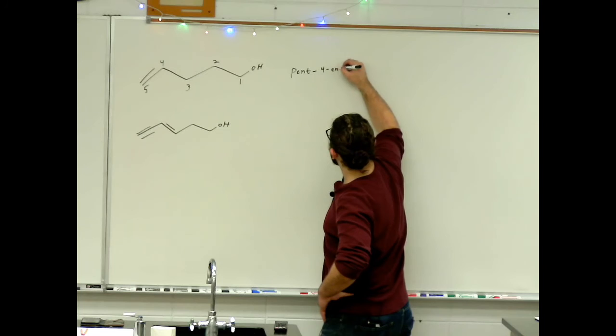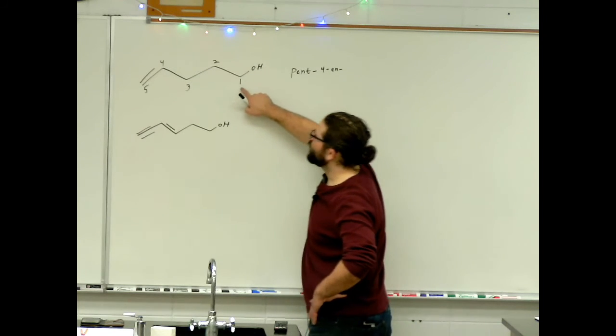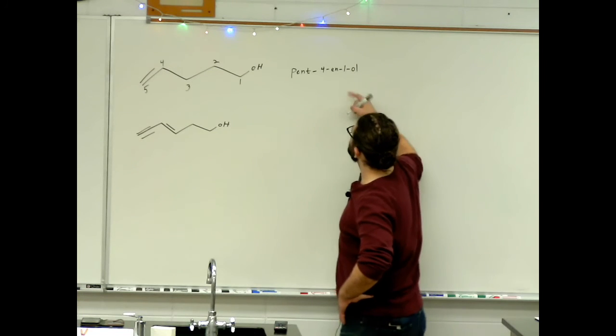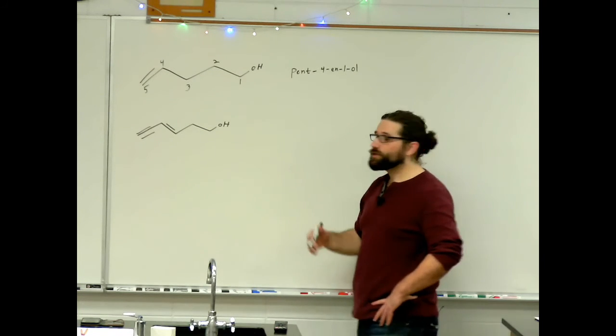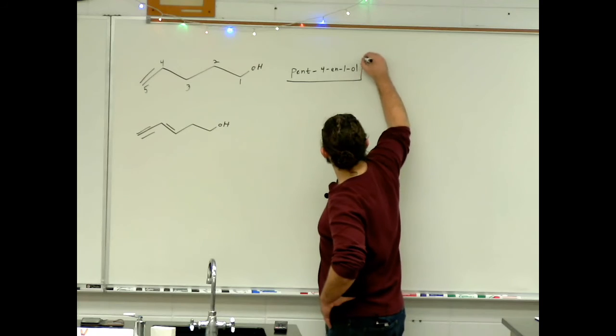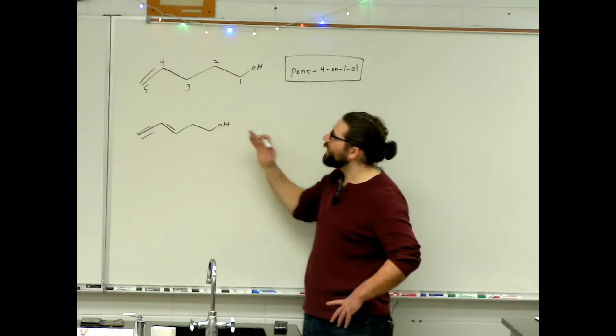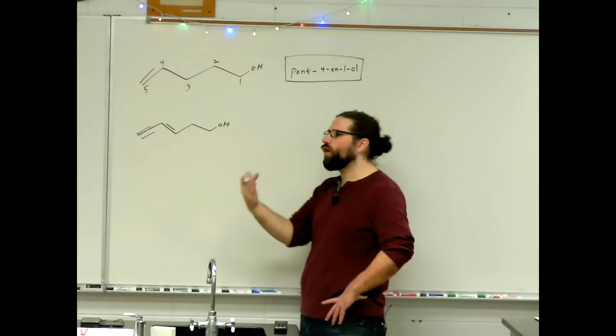So 4-en. And then the alcohol gets that number 1. That's because the alcohol has a higher priority. So this is the correct name. Now let's look at the incorrect name to see why does it matter to have a priority? Why does this priority matter?